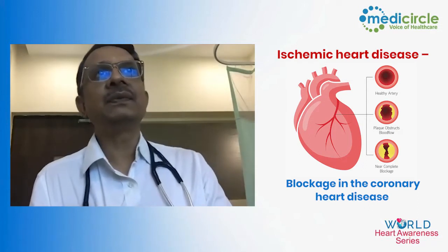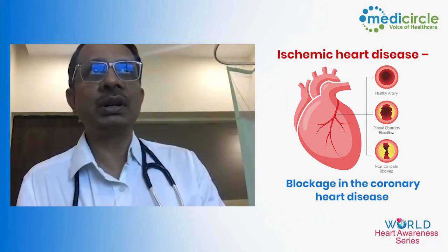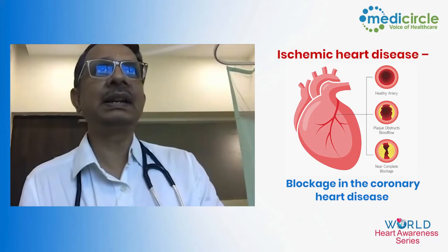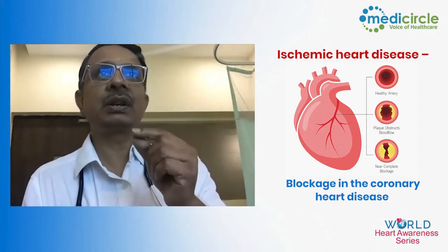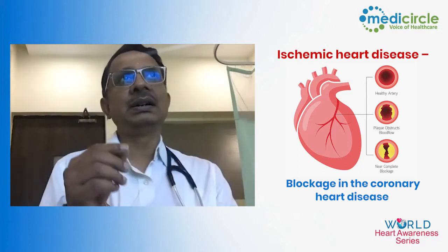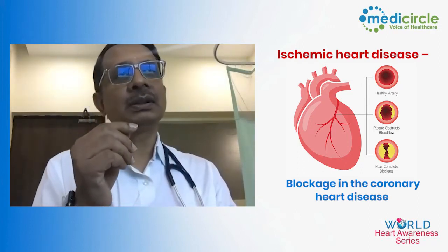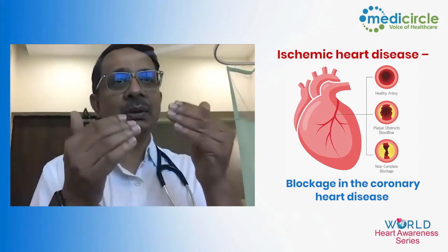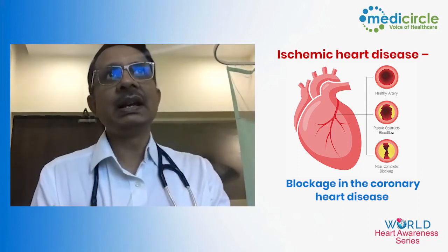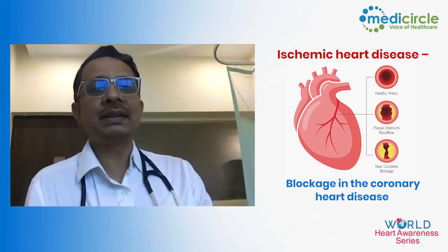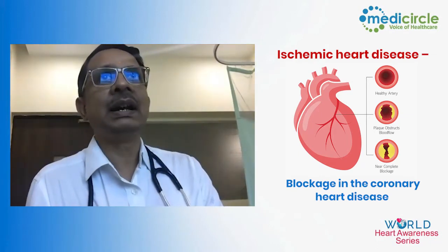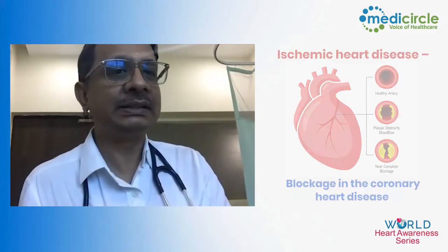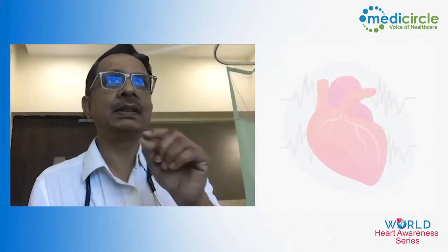So if these arteries have some blockages, now blockages are created by what you call atherosclerotic plaques. These are lipid or cholesterol plaques which develop inside the blood vessel, and then these start to hamper the proper blood flow to the heart, and these may be the cause of heart disease, especially when I say ischemic heart disease.